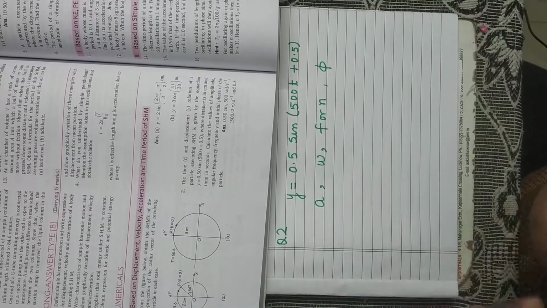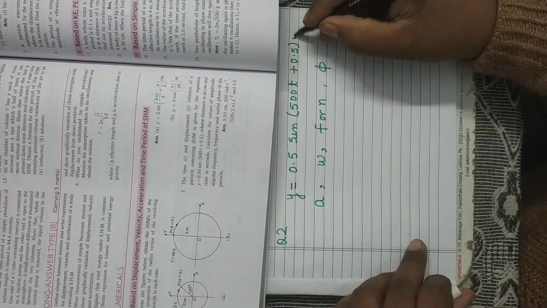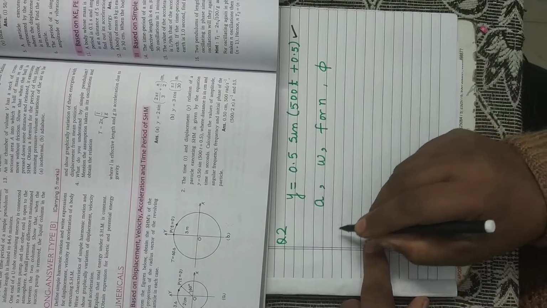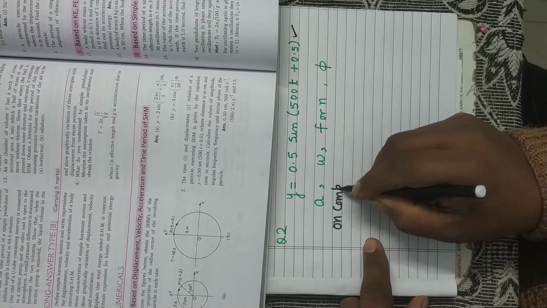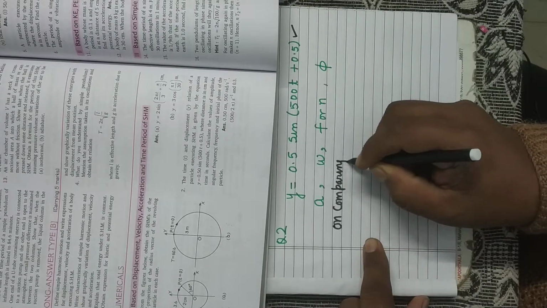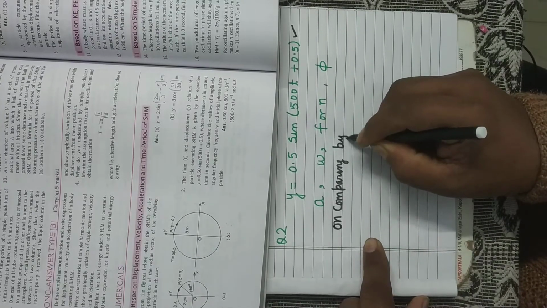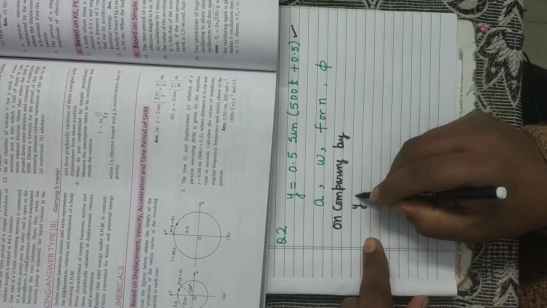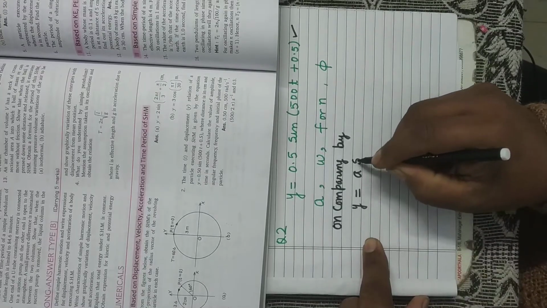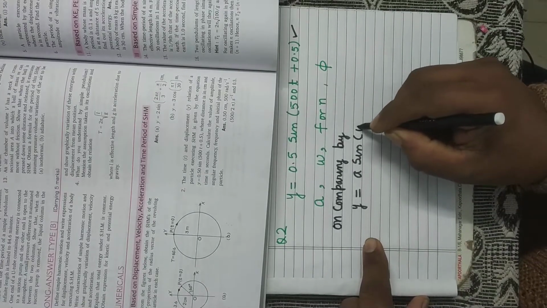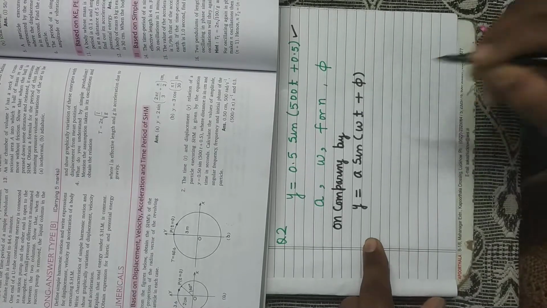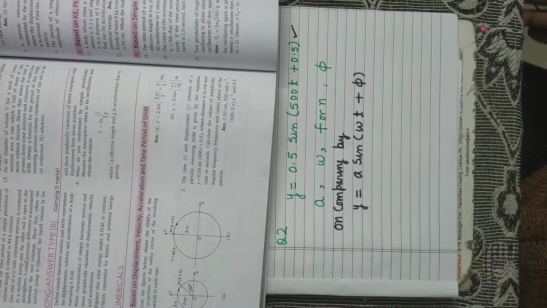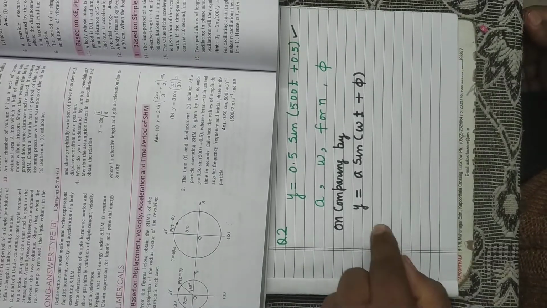How will you do? So first we will compare it with the standard equation. So on comparing with y equals a sin omega t plus phi. Now see here, let me explain the symbols here once again. Y is what?